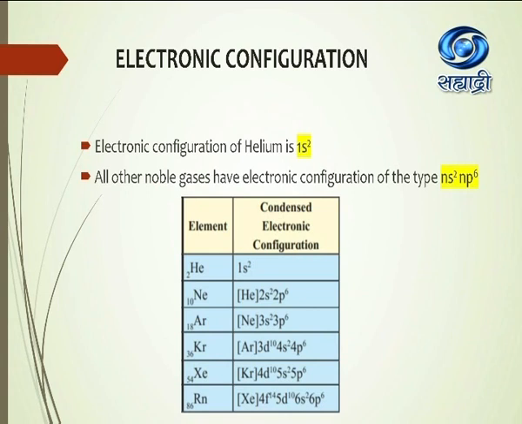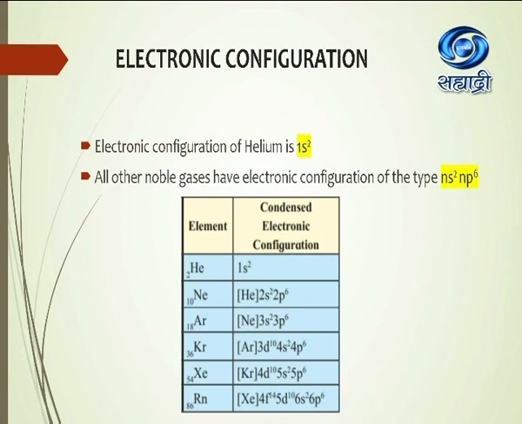So if we consider the outermost shell, then in neon it is the second shell. In argon it is the third shell. In krypton, fourth shell. Xenon, fifth shell. And radon, sixth shell. So from neon to radon, you will come to know that the outermost shell contains 8 electrons.